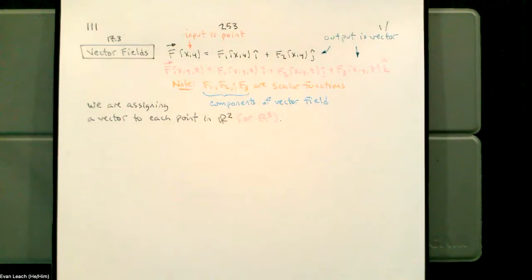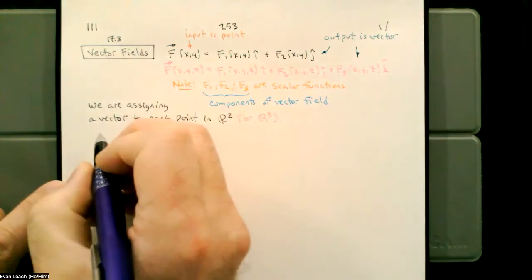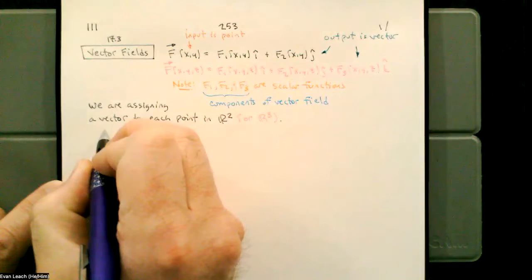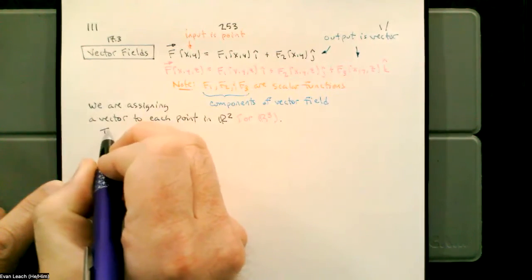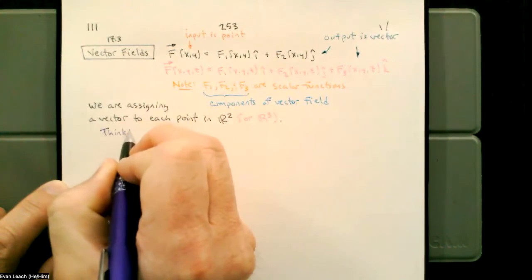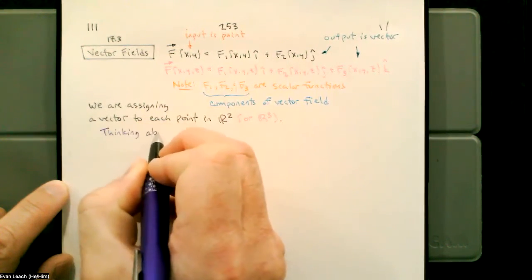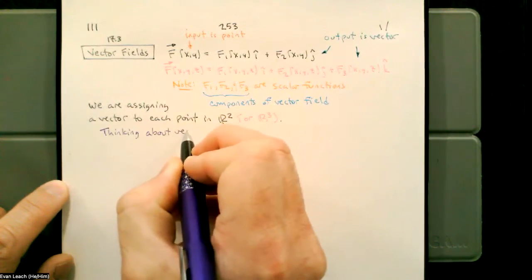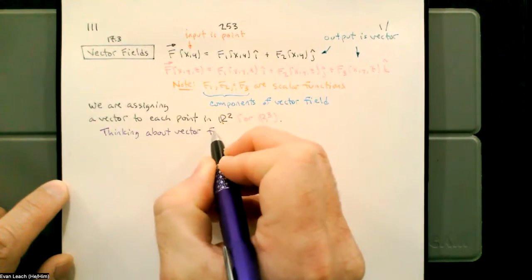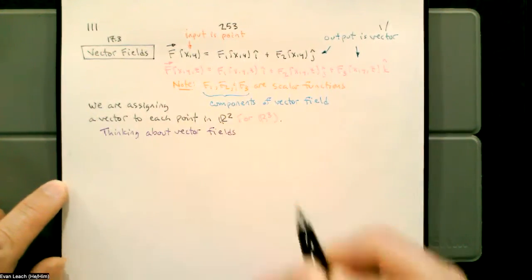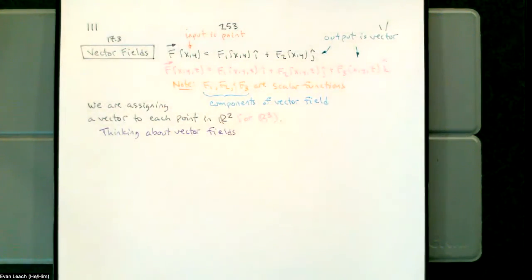So thinking about vector fields, we need a way to think about vector fields. And the two pictures that we want to call to mind that we're going to use a lot, the surface of water.